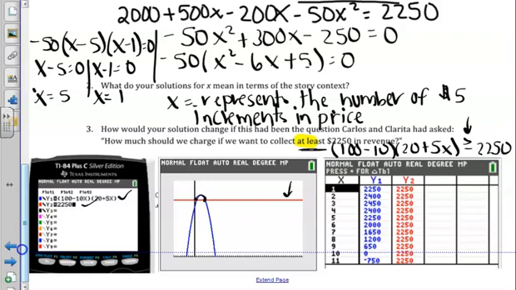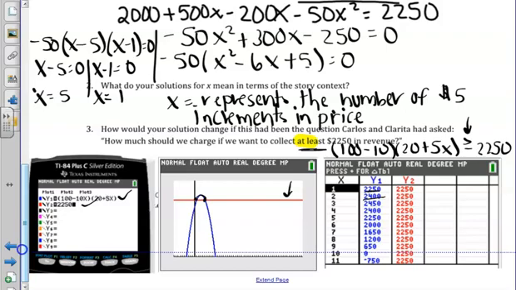If we go to our table, we can see that when x is 1, y is 2,250. So if x is 1, then that checks. When x is 2, we would make $2,400. So we would make more than or at least 2,250.